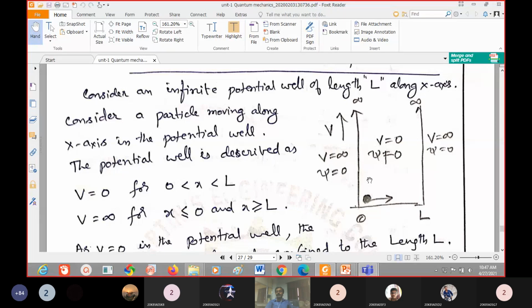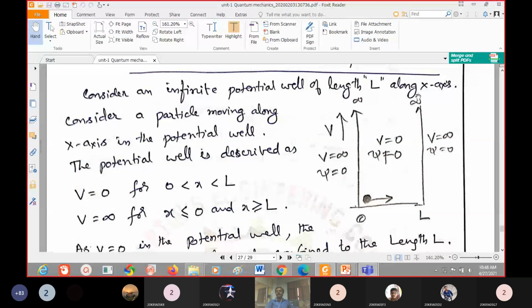Here the potential is infinite at the boundaries: this is one boundary and this is the other boundary. The total radius of the atom, or total length of the box, is L. The initial position is 0 and the final point is L. So at the boundary 0, what is the potential? Infinite. At the boundary L, the potential is also infinite.